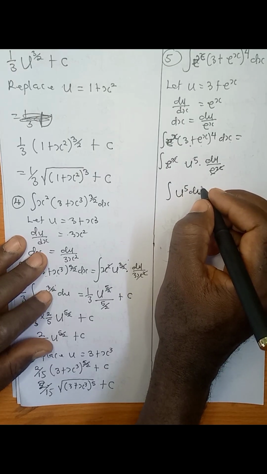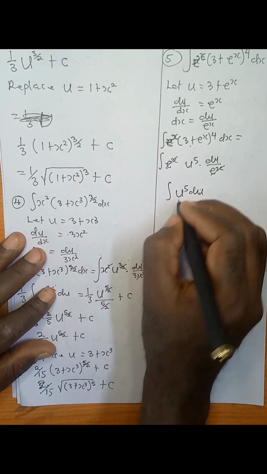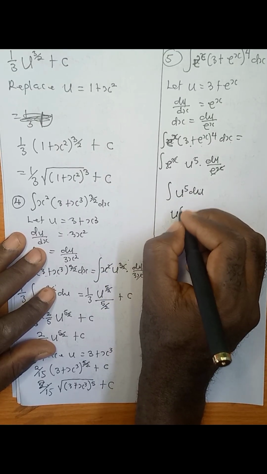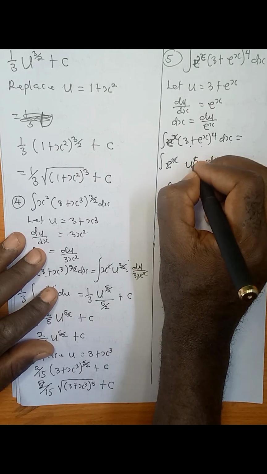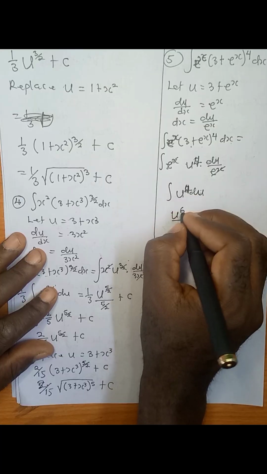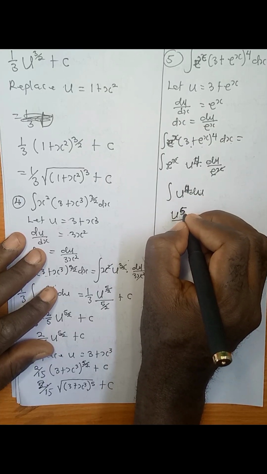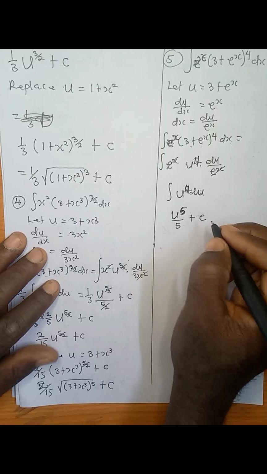Then from here, we can integrate easily. Here, u is raised to power 4. When we integrate u raised to power 4, it will be u raised to power 5 over 5 plus the constant of integration.